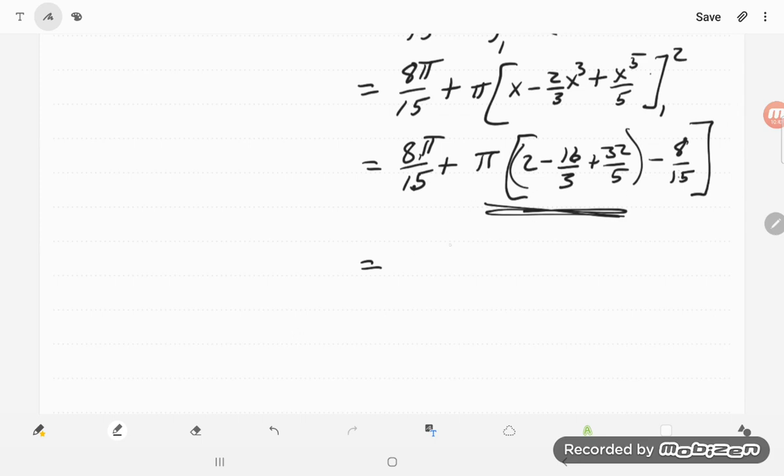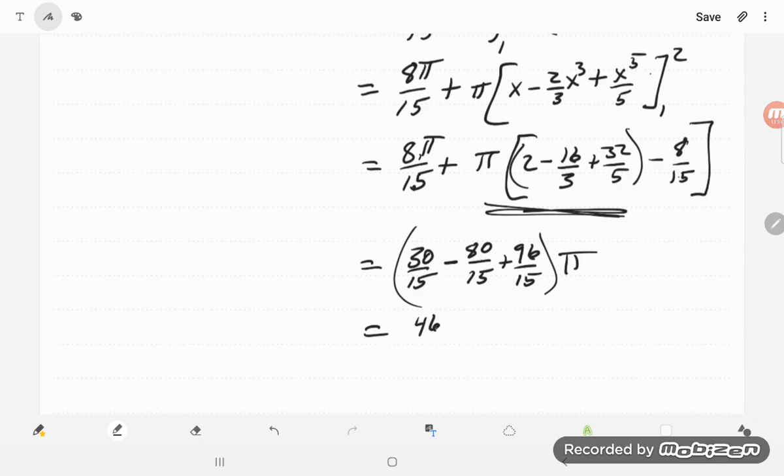And so my answer is, again, over 15. So 30 over 15 for the 2, minus 5 times 16 is 80 over 15, and then 3 times 32 is 96 over 15, times pi. And so this is a minus 50, so plus 46.